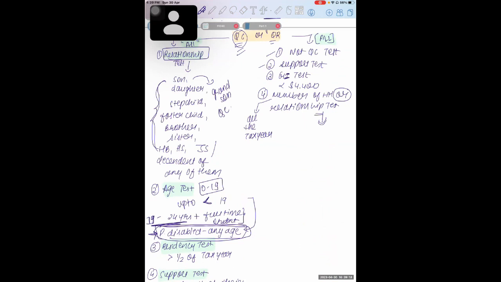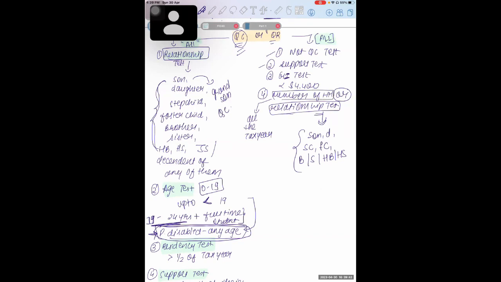Relationship test means son, daughter, stepchild, foster child, brother, sister, half brother, half sister. All those are called a relationship. So the relationship test should be fulfilled.